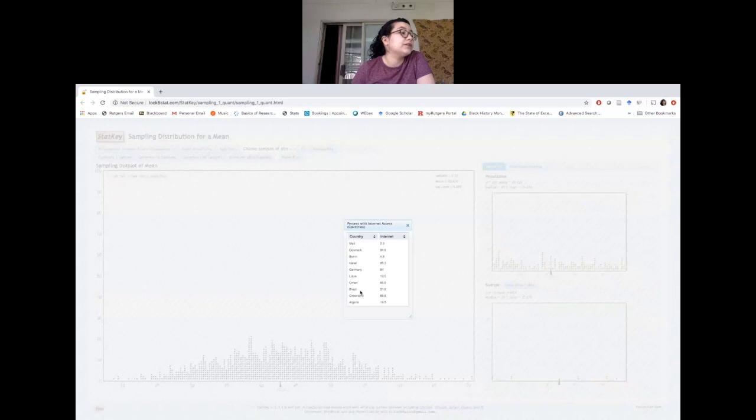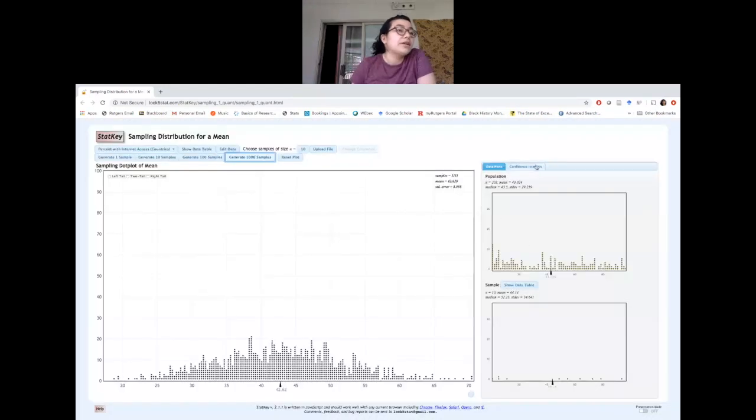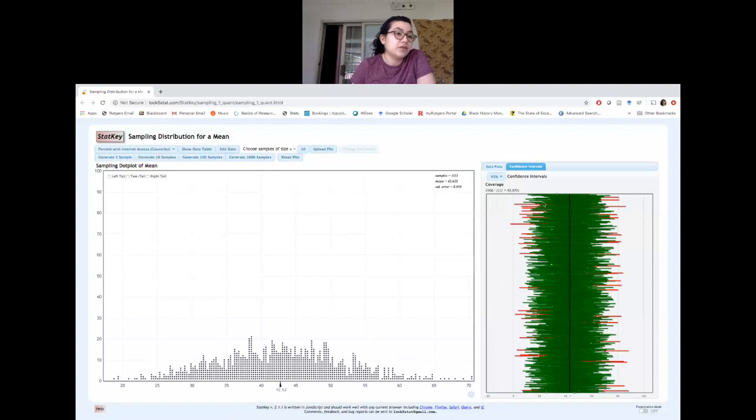Okay. Like I said, we're coming up with countries that are not close to each other. They're totally random. These countries are random and they vary in internet access. We also see the confidence intervals.